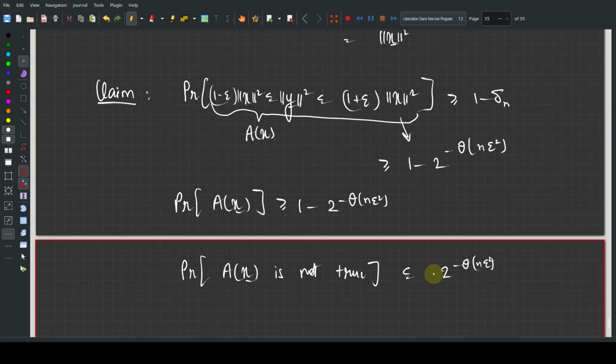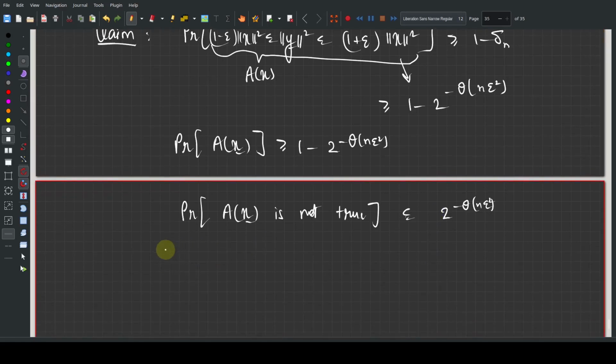Now this is for a given x, right? But what I want is slightly different. I want to ensure that all pairwise distances are approximately preserved. So I can also look at what is the probability for a given pair that the property for x_i minus x_j is not true.